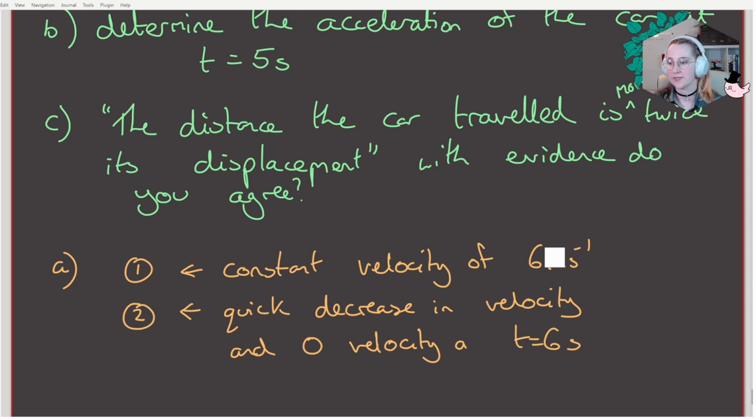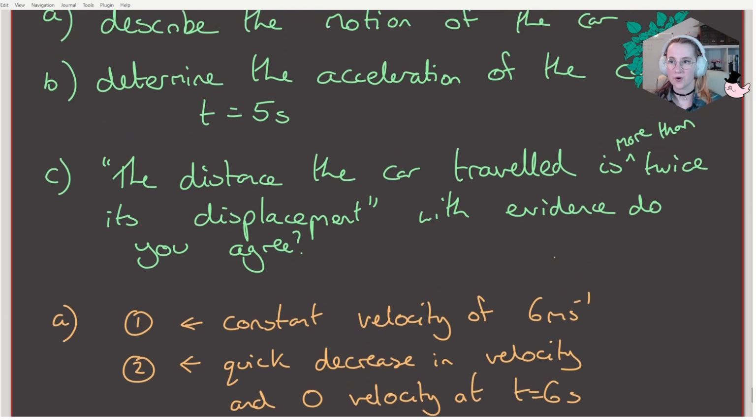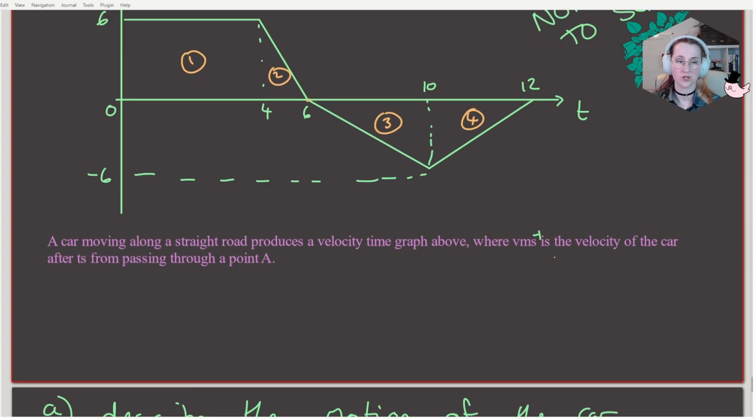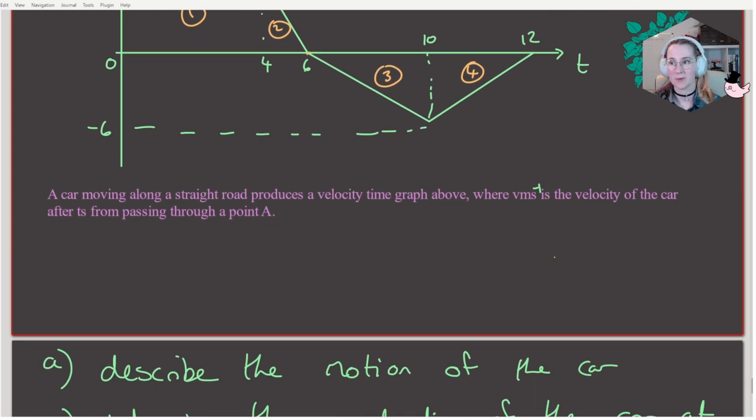As soon as that line crosses the x-axis, this is where it has 0 velocity again. Then we see it continue downwards. Now it's increasing speed because it's moving away from 0, but it's gaining negative velocity because it's starting to move backwards. We're assuming it's moving along a straight road, so it's moving backwards.